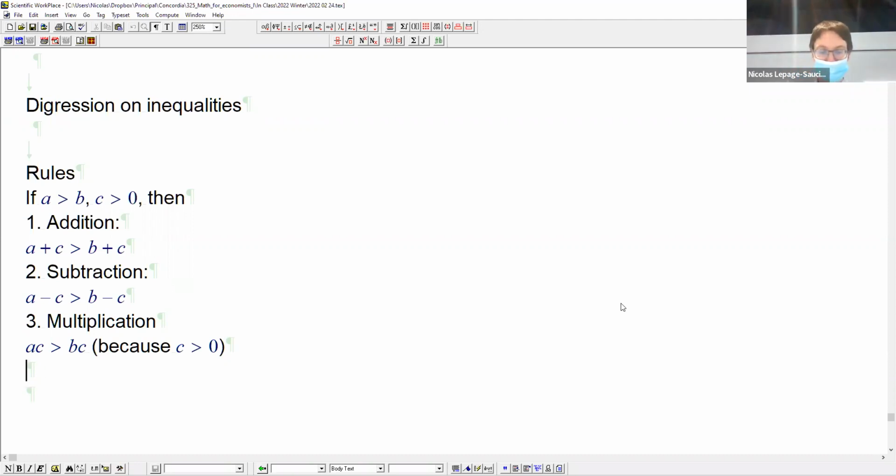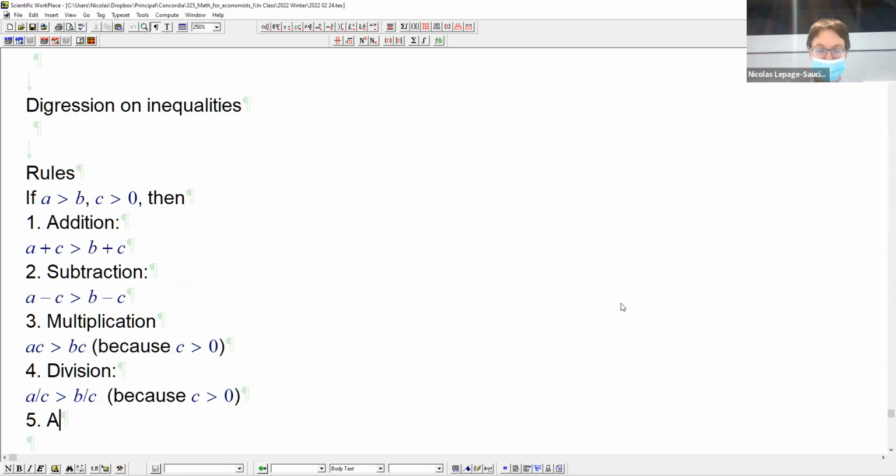Division: A divided by C is greater than B divided by C. And again, C is non-zero, especially, and it's positive.